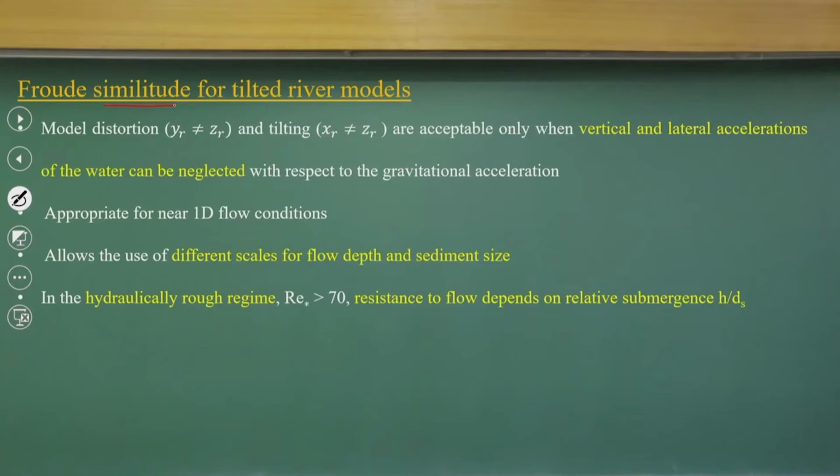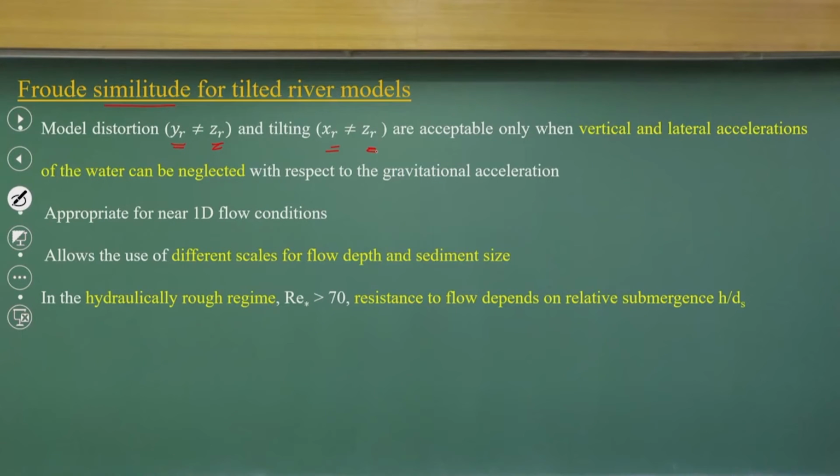So, we make tilted river models where the vertical ratio and the lateral ratios are not equal. In case of the tilting, you will have a case of XR, the longitudinal direction ratio, and the vertical direction, that is not acceptable, so when vertical and lateral accelerations of water can be neglected with respect to them.